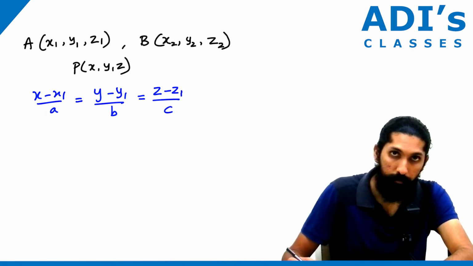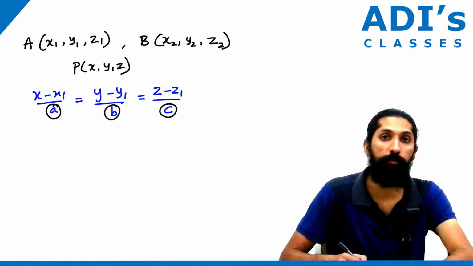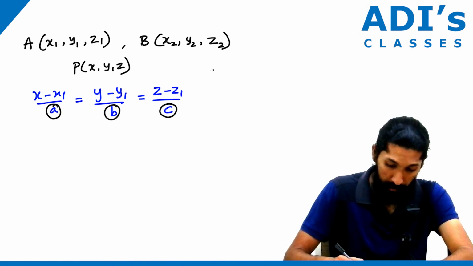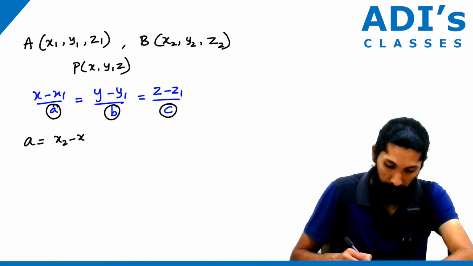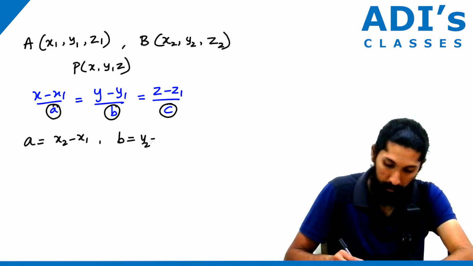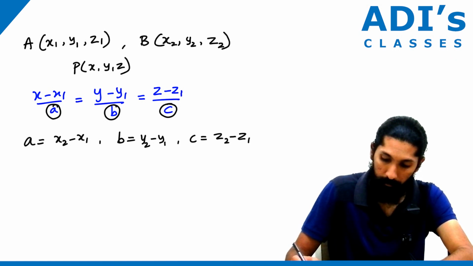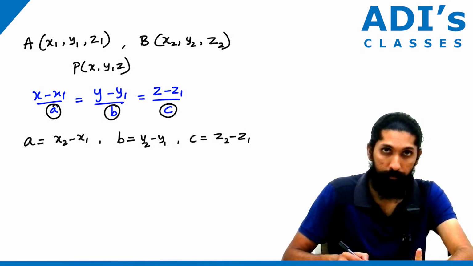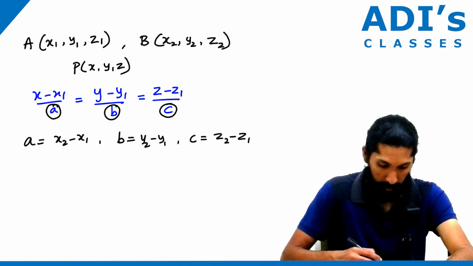But here we can write this A, B and C in terms of x1, x2, y1, y2, and then z1, z2. That means here A can be written as x2 minus x1, and B can be written as y2 minus y1. C can be written as z2 minus z1. Now, the reason why we can do it, I'll just show you for one of them, just one. The rest of it is pretty much the same. Now, look at this one.